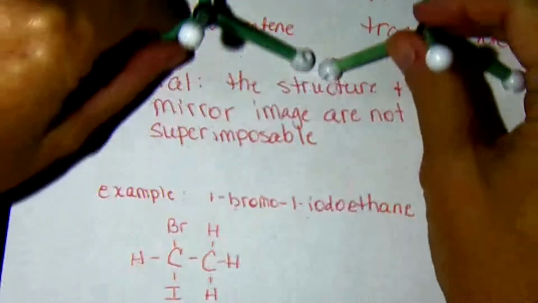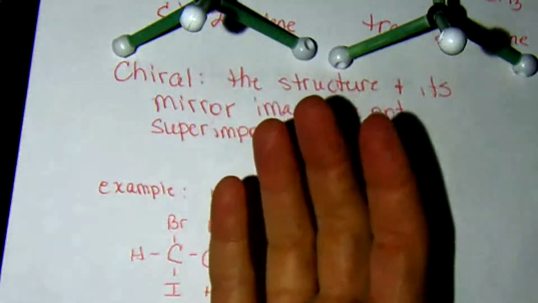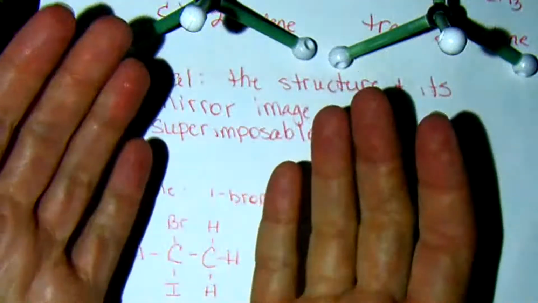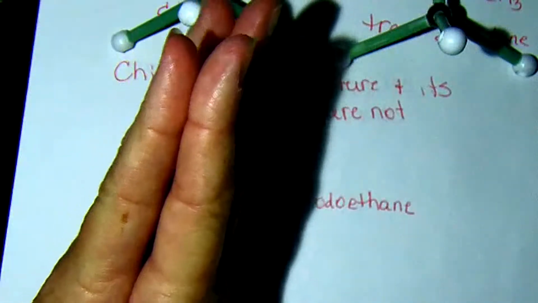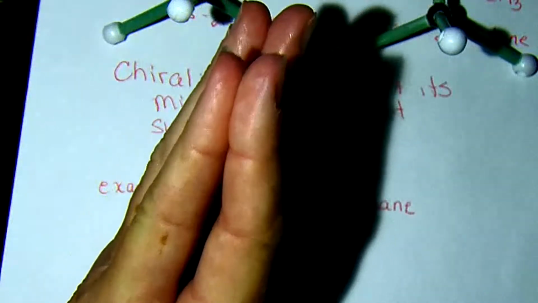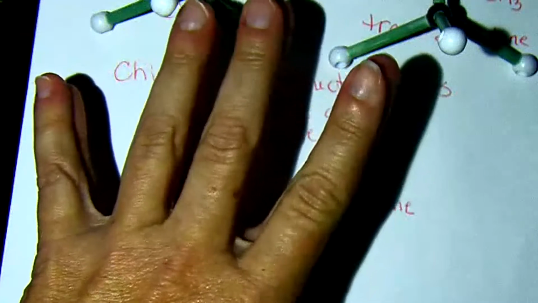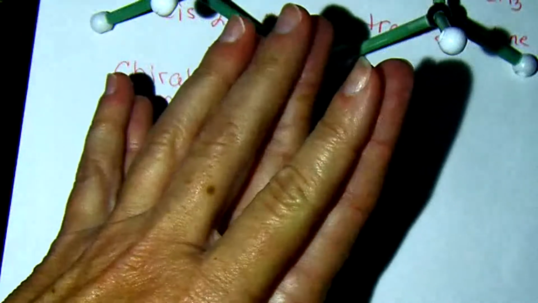The same kind of idea is true for your hand. So if you have your right hand and your left hand, they are mirror images of each other. And so you can line them up, and your index finger, your middle finger, your thumb, your ring finger, and your pinky all line up. But your hands are not superimposable.